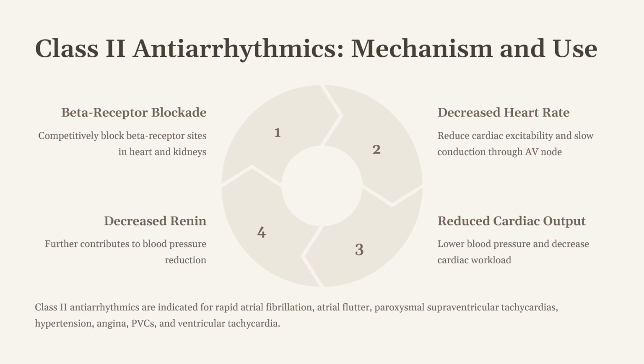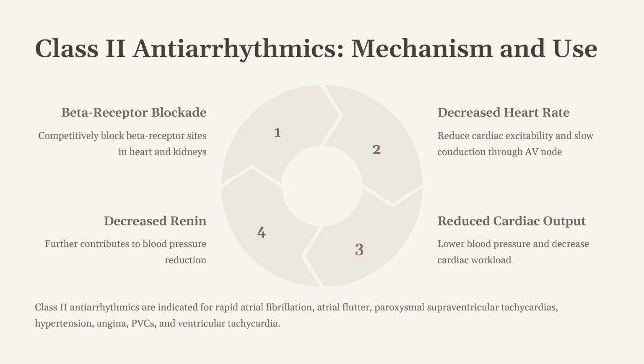So they're going to decrease the heart rate, reduce the cardiac output, lower the blood pressure, and decrease renin, which further reduces the blood pressure. Okay. These are given for rapid AFib, aflutter, and paroxysmal supraventricular tachycardia.